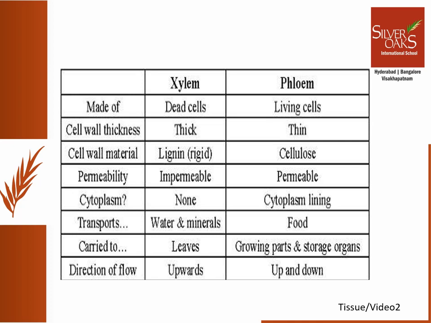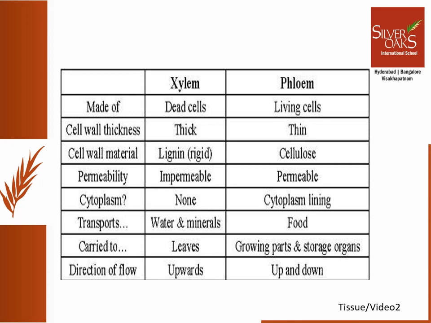Now let us do a recap of the difference between xylem and phloem tissues. Xylem tissues are mostly made up of dead cells, whereas phloem are mostly living cells. The cell wall thickness in xylem is comparatively more than phloem. The cell walls of xylem cells are made up of lignin, while that of phloem is made up of cellulose.